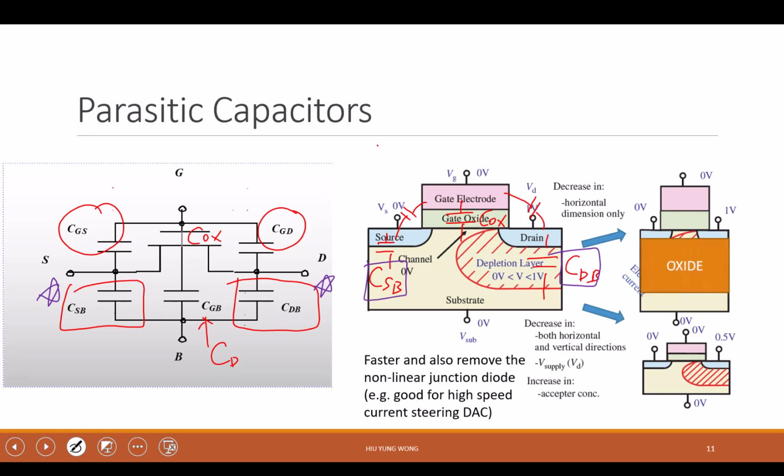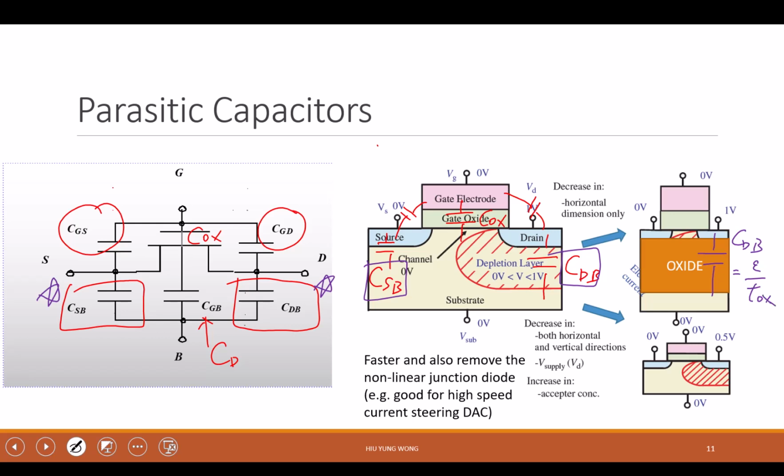When I have the insulator, then I have very small CDB. Why? Because it's equal to the epsilon divided by the thickness.